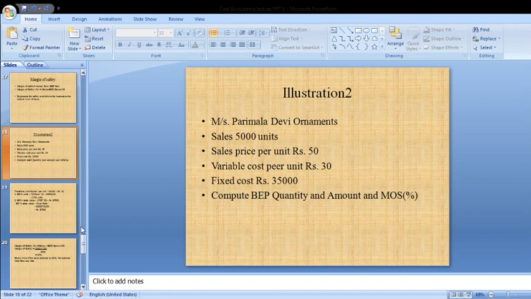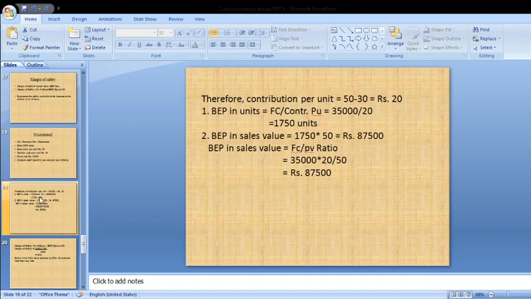So 35,000 upon 20 is the break-even quantity. You can convert the quantity into amount by multiplying it by the selling price, or you divide this 35,000 by PV ratio.